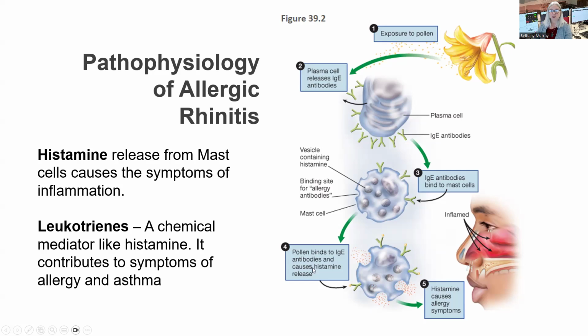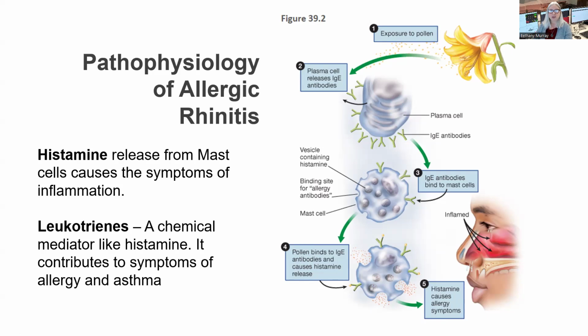Once the pollen binds to the IgE antibodies, you can see in this bottom illustration, histamine being released, and then histamine is actually what causes the allergy symptoms. So in the final illustration of the person, you can see that their nasal passages become inflamed, enlarged, swollen, remembering the 5 processes of inflammation: redness, fever or heat, pain.